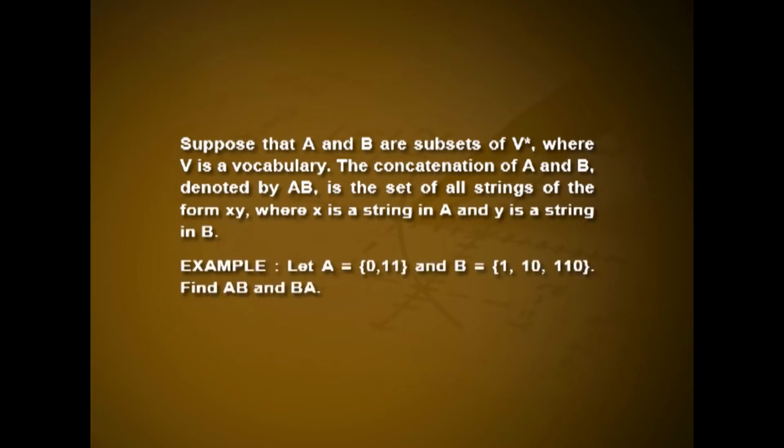We will see one example. Let A be the set {0, 11} and B be the set {1, 110, 111}. Find AB and BA. The set AB contains every concatenation of a string in A and a string in B. Hence, AB is the set {01, 0110, 0111, 111, 11110, 11111}.